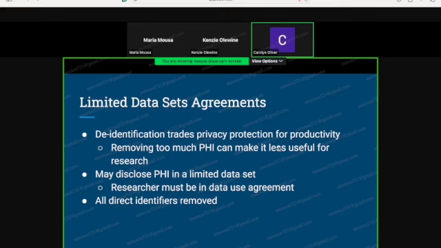So they may disclose some protected health information in a limited data set, and the researcher must be in the data use agreement to be able to do this.